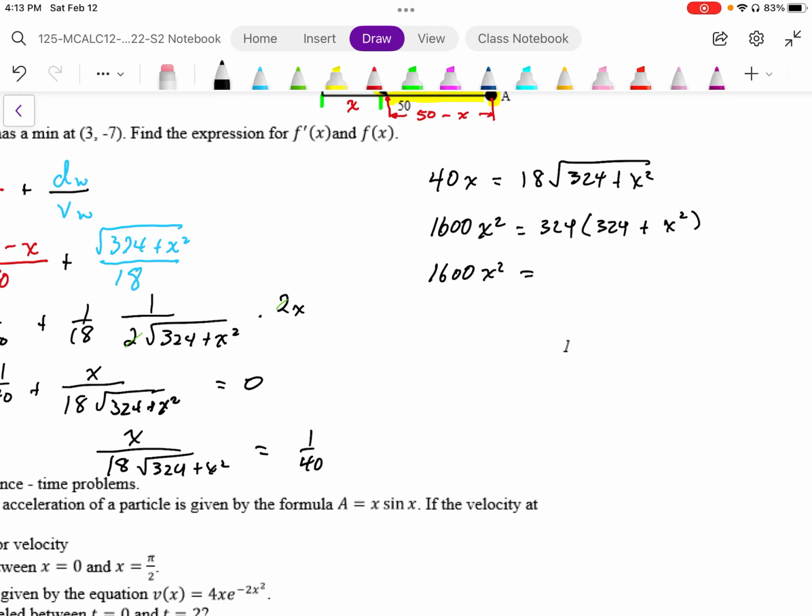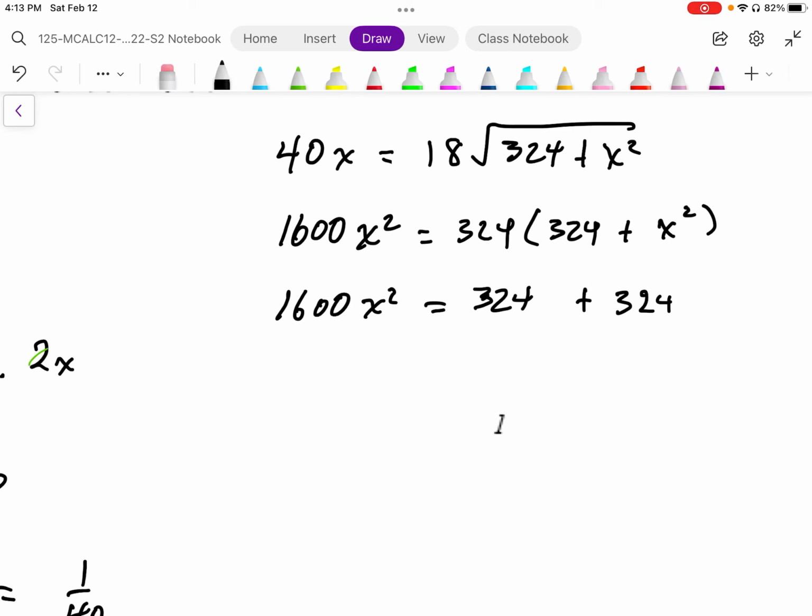324 times 324, I'd need a calculator for that, but we'll write this as 324 squared plus 324, to make that a little bit more clear. This is going to be 324 times 324, and then x squared.